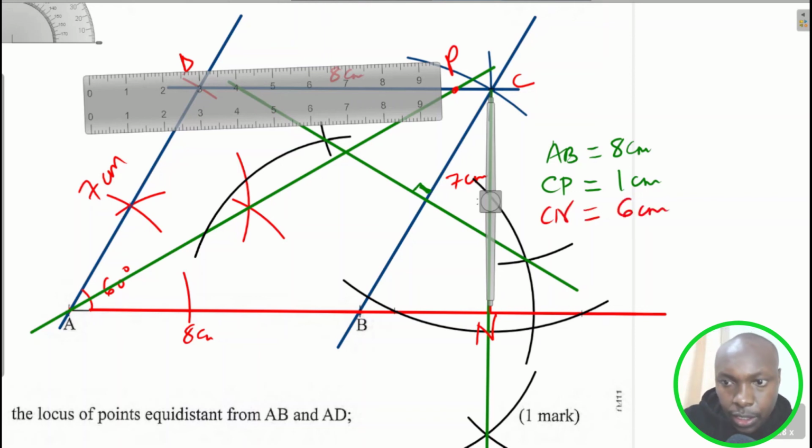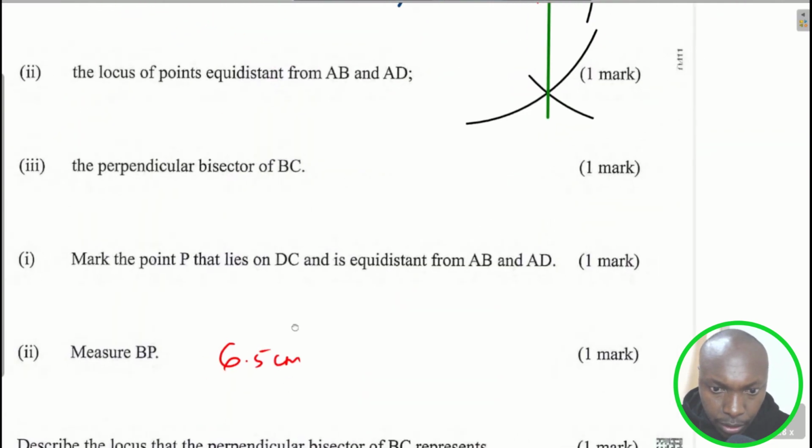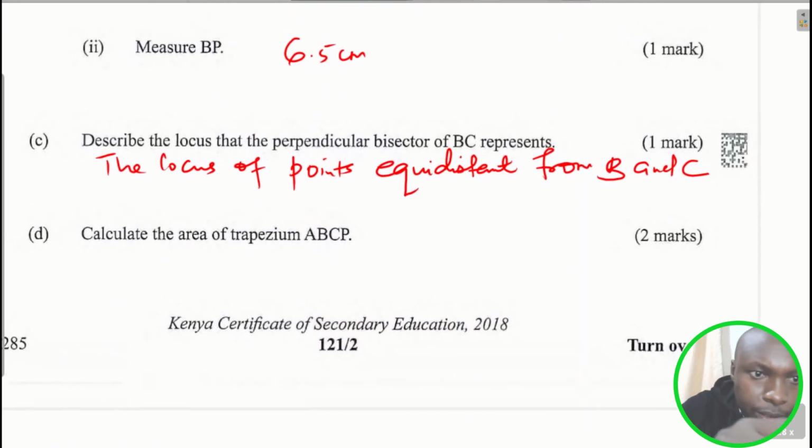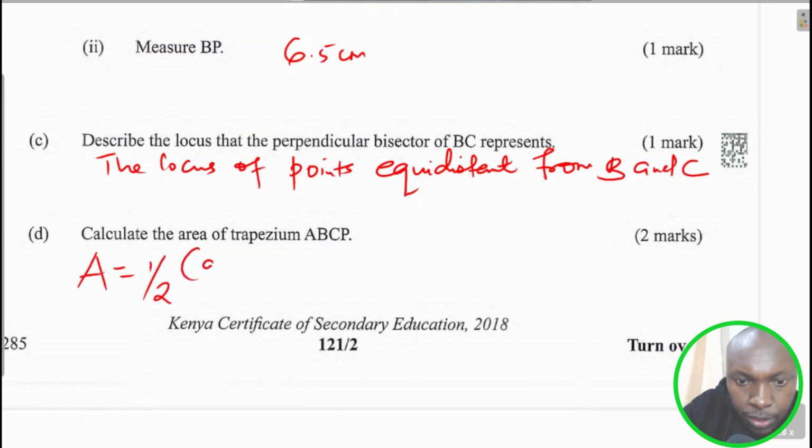Now having that, we can get the area of the trapezium. AB is parallel to CP, those are the measurements, and the perpendicular height is 6 centimeters. So let us now calculate. The area of the trapezium equals half times the sum of the two parallel sides times the height.